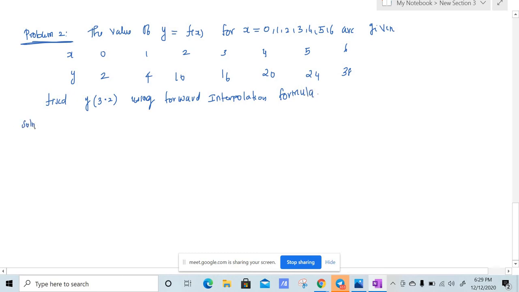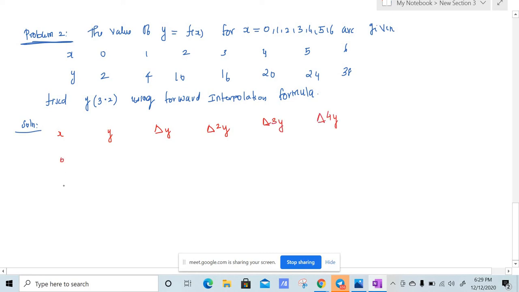Solution. First we will form a difference table. So it will be x, y, del square y, del cube y, del power 4 y.